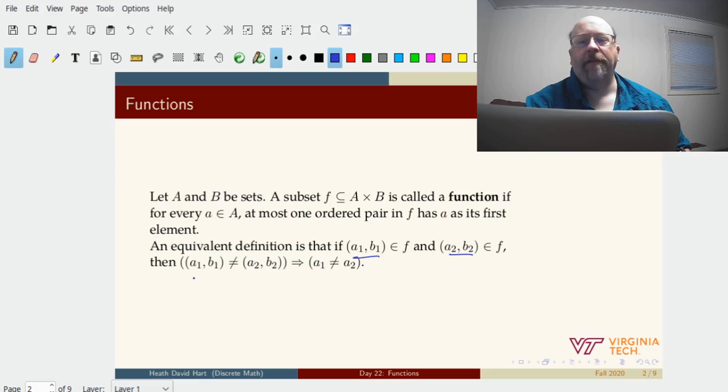That's the idea that we could not have, for example, (3, 6) and (3, 2) in here, because these are different, but the first coordinates are the same. That is false. This would be true and this would be false, and that's not allowed.